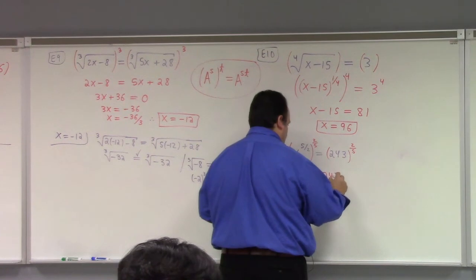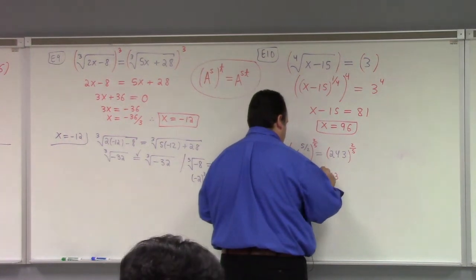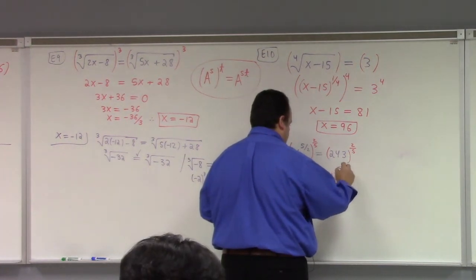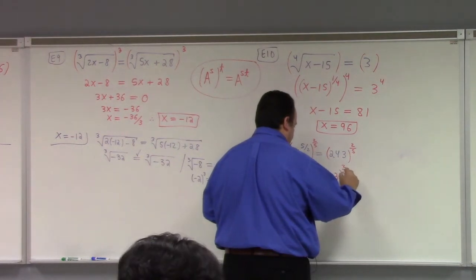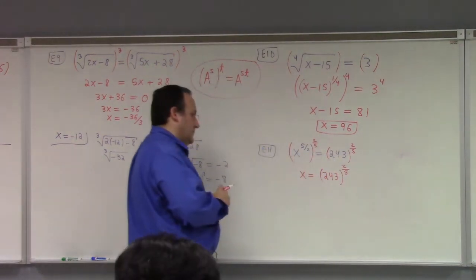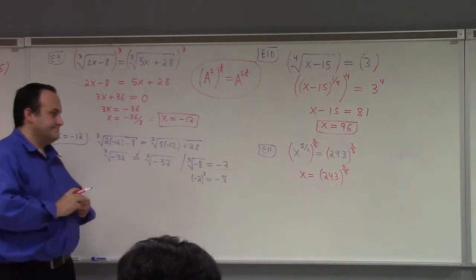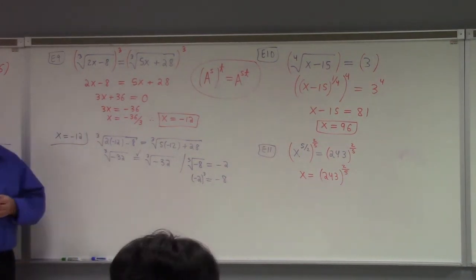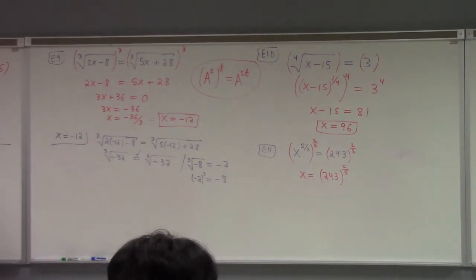243 raised to the 2/5 power. What is 243? Let's see, if I take 243 to the 1/5 power, I get 3. 243 is actually 3 to the 5th.